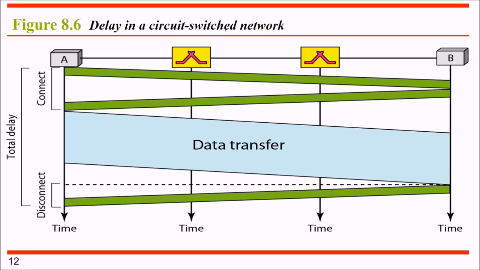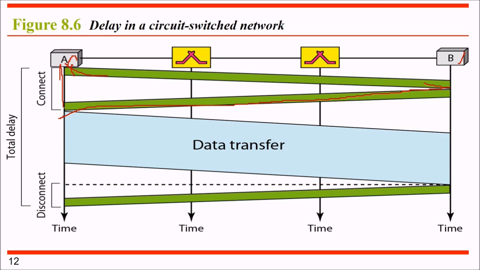There is a delay in a circuit switch network. What will be the delay? There is a time to connect. That means when A wants to connect to B, then there is a setup time or connection time. Say a ring goes, and you pick up.